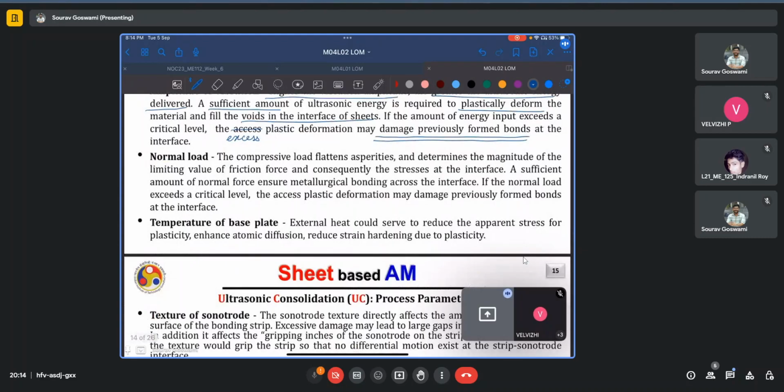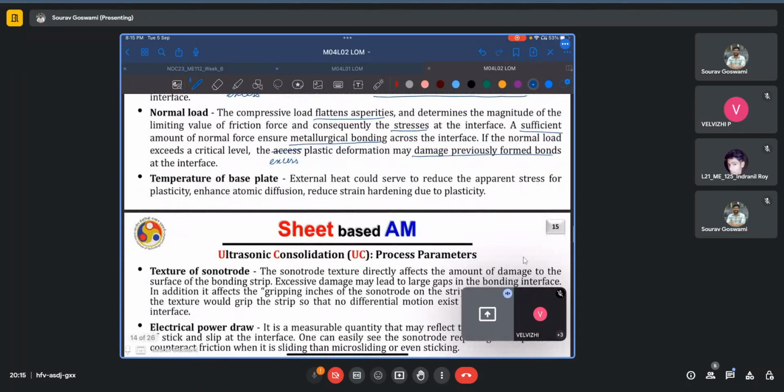Also, the normal load is a critical process parameter, which flattens the asperities and determines the value of the stresses which will occur at the interface. A sufficient amount of normal load, again, not too high, ensures good metallurgical bonding. If the normal load exceeds the critical level, the excess plastic deformation may again damage the previously formed bonds.